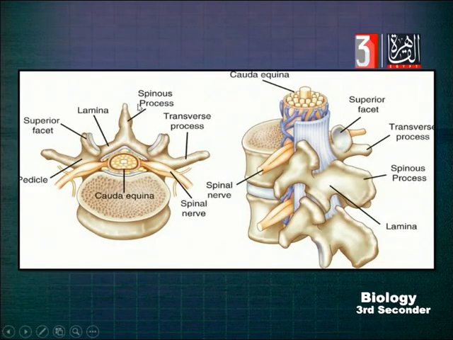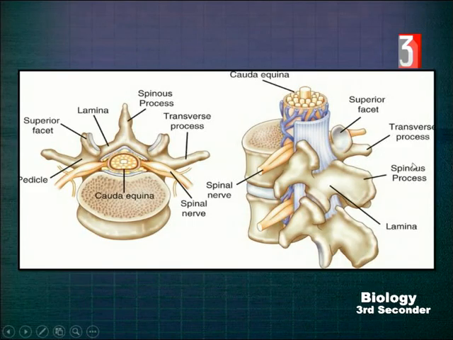The spinous process is the neural spine, and these are the spinal nerves in the neural canal. This is the superior articulating process directed upward. Here is the inferior articulating process directed downward. This is the neural spine directed downward.